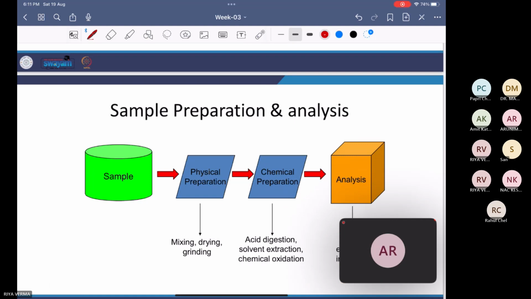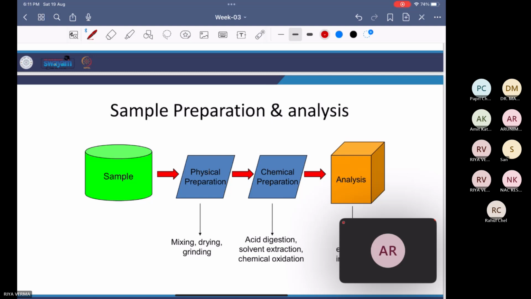For example, it can be physical or chemical preparation. If we are dealing with a sample that has some sort of organic waste, we can go for physical preparation that will involve mixing, drying, or grinding. And before that, we will also have some manual sorting of the waste. So that is your physical preparation.